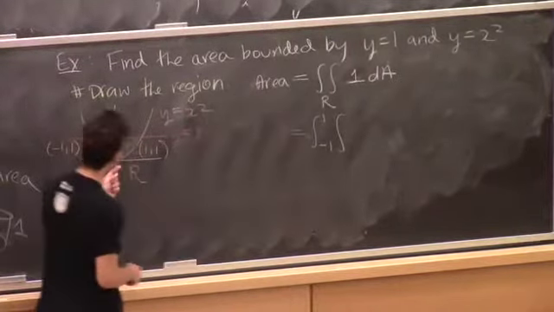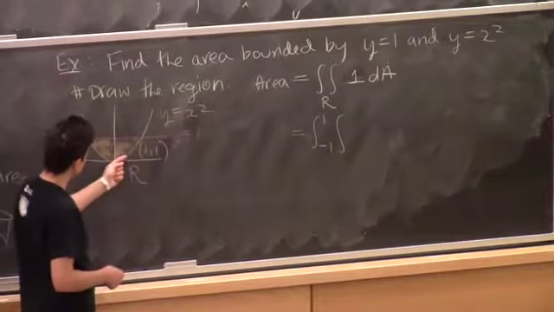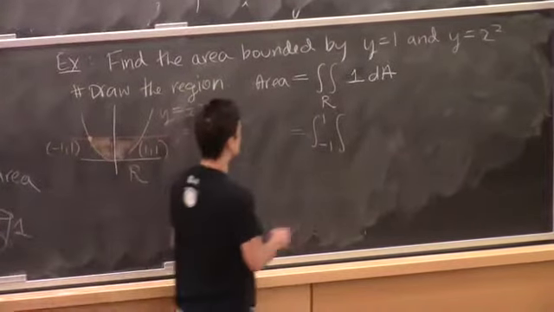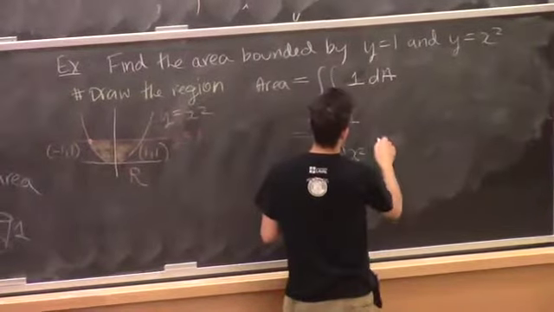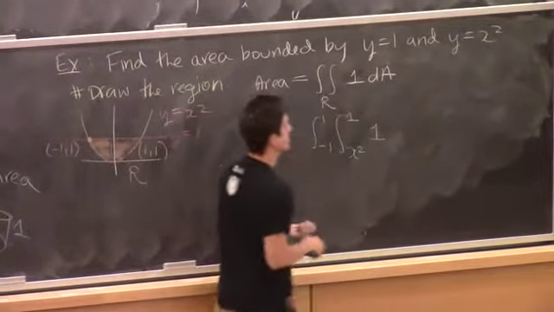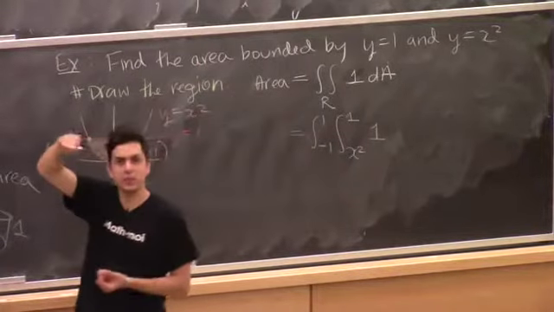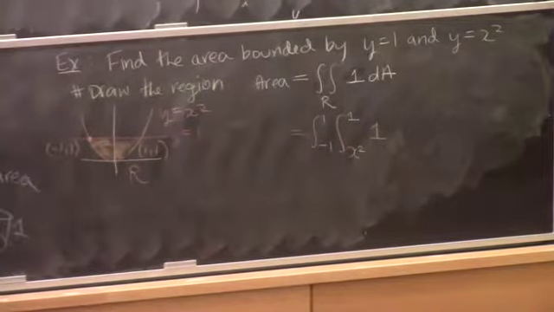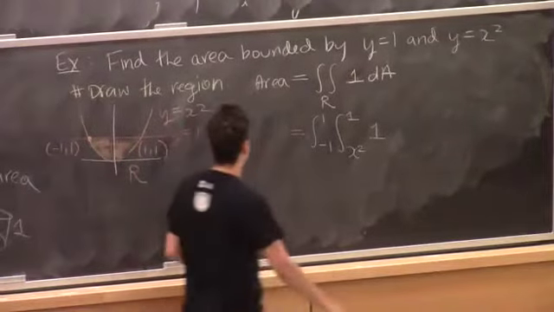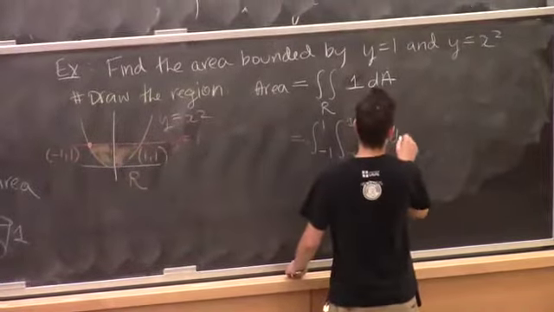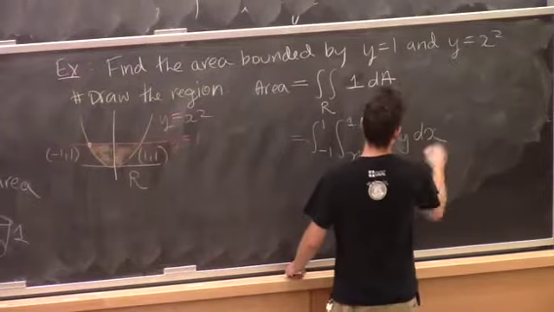And then we go from this lower curve, which is x squared, up to 1. And now we're integrating the constant height function 1.